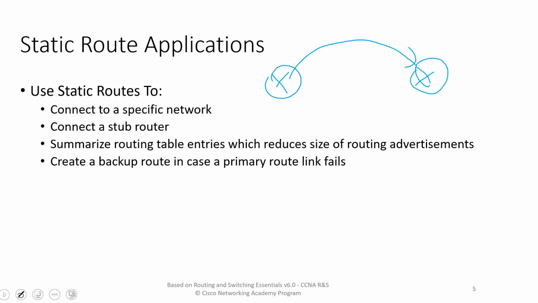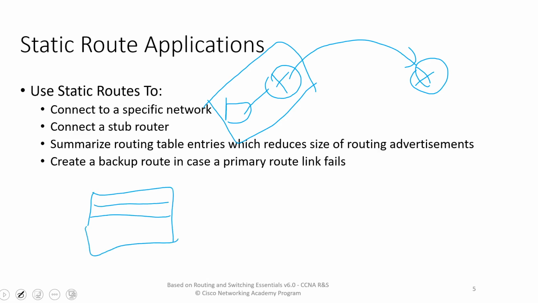Or as we previously looked at, if this is a stub network at the end of the networking pathway, again we can do that. One of the other things we can do is, say if we have a large number of routing table entries talking about different networks, it may be possible for us to combine all of those into a singular static routing entry and share that across.